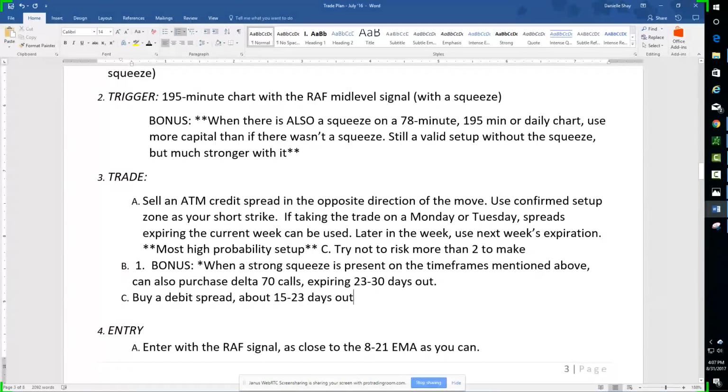But you can buy a debit spread about 15 to 23 days out, using about Delta 60 and 30. So you can absolutely do that. Those are kind of my three choices when I get a long setup like that.